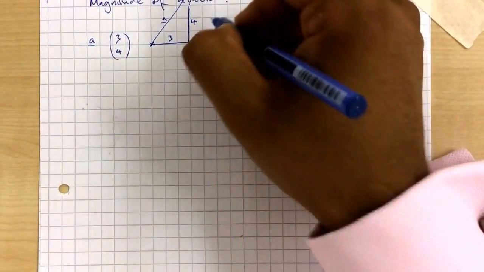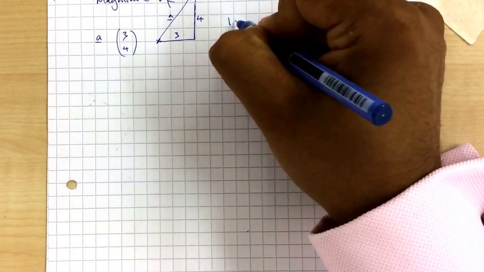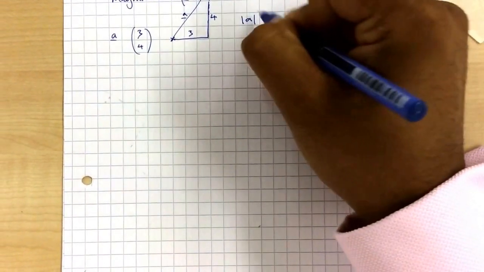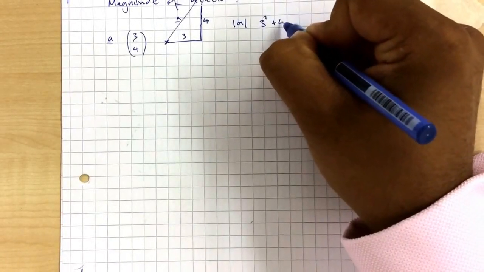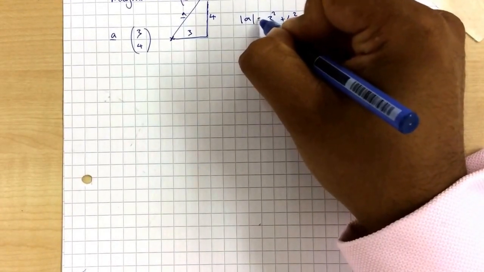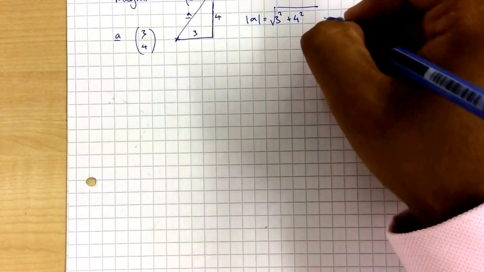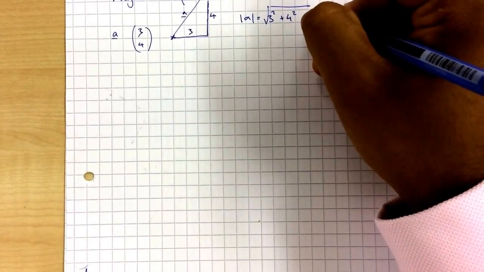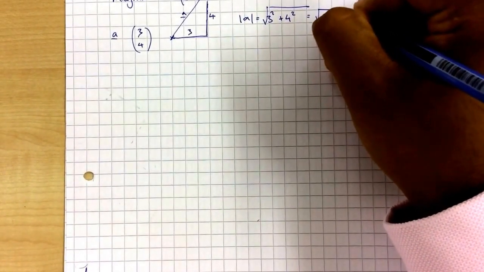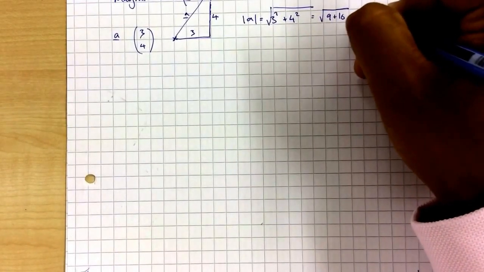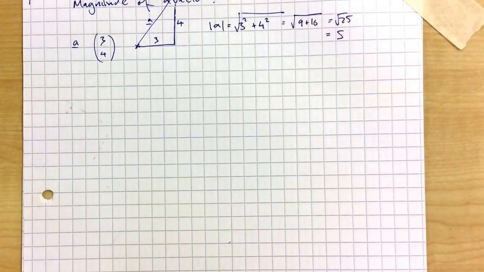The magnitude of vector A, in modulus signs, is the square root of 3 squared plus 4 squared, which is the square root of 9 plus 16, equals root 25, which is equal to 5 units. So that was fairly easy.